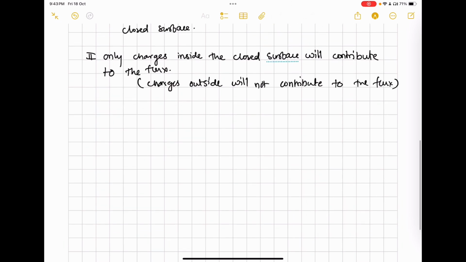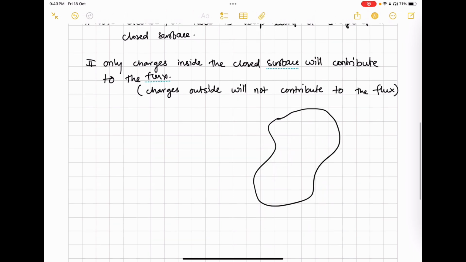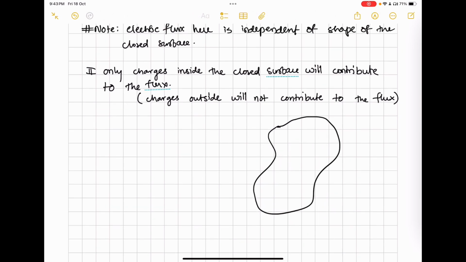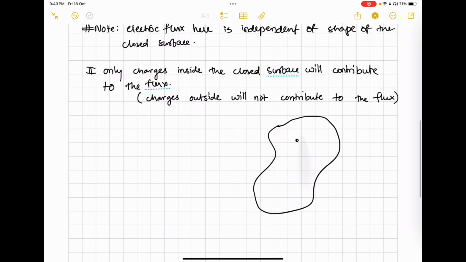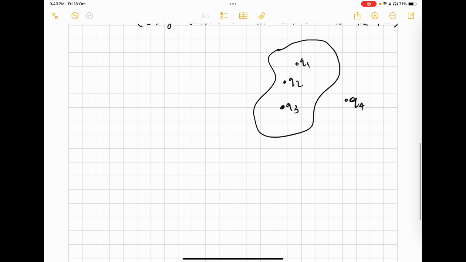That is, we have a closed surface like this. It doesn't matter what the shape is, and we have charges Q1, Q2, Q3 inside and Q4 outside the surface. What will be the flux?